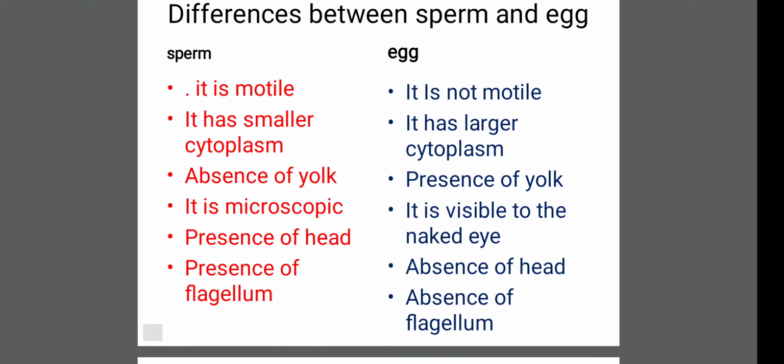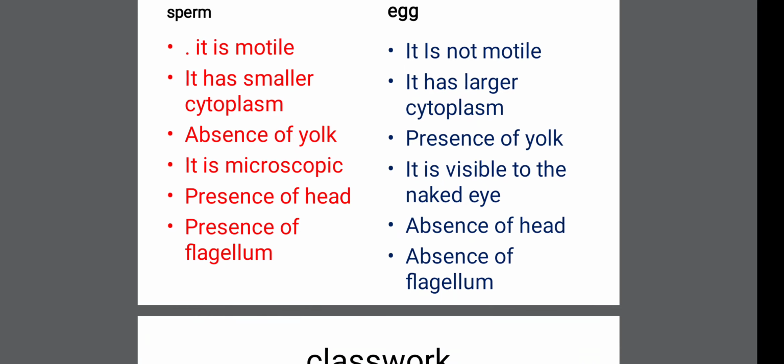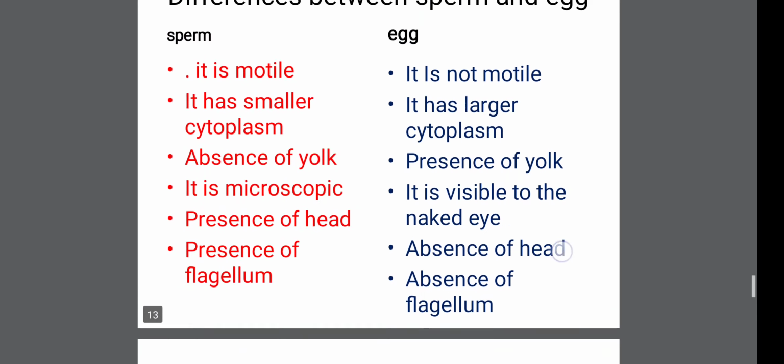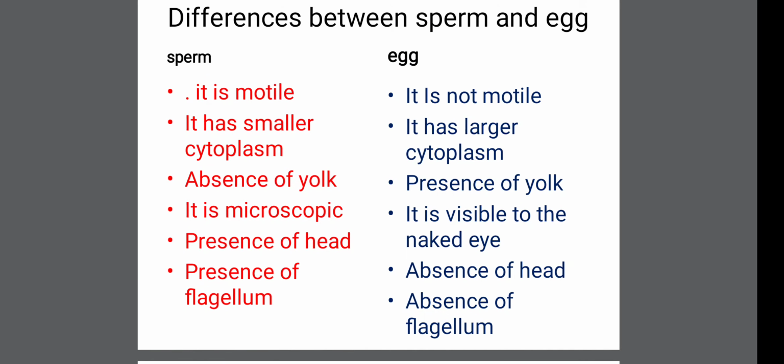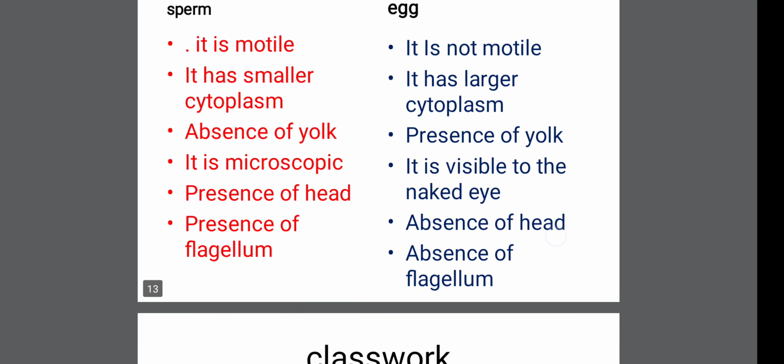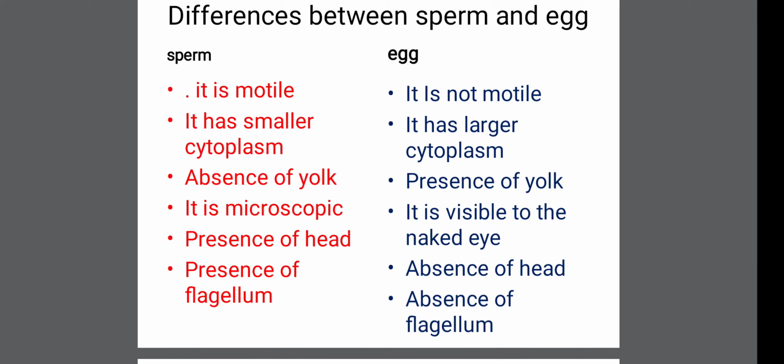That is why the sperm moves, while the egg doesn't. The sperm has smaller cytoplasm, the egg has larger cytoplasm. The sperm does not have yolk, the egg has yolk. The sperm is microscopic, but you can see the egg with your naked eyes. In fact, the egg is one of the biggest cells that ever existed.